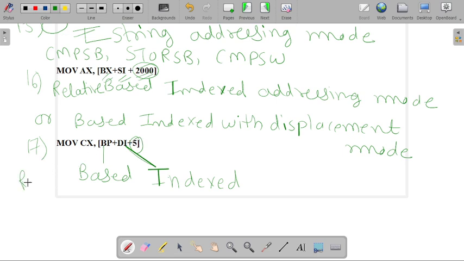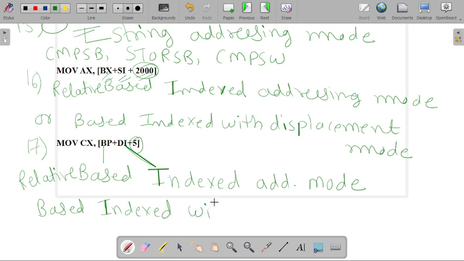So I'm writing here relative base index addressing mode. And you can also write the answer for this question as base index with displacement mode.